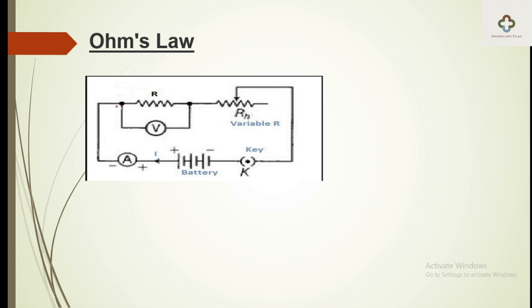An ammeter, which is used to find out the value of current, is connected in series with this wire, and a battery is connected. We know that current always flows from the positive terminal of the battery to the negative terminal. The direction of electrons is from the negative terminal to the positive, but current always flows from positive to negative.